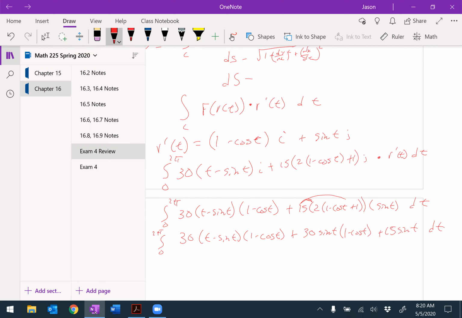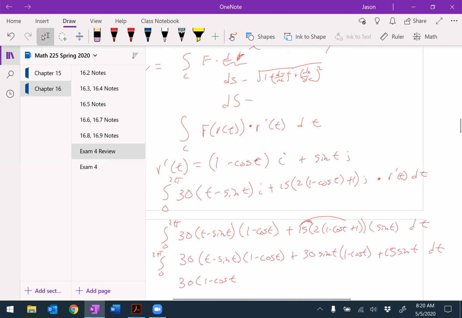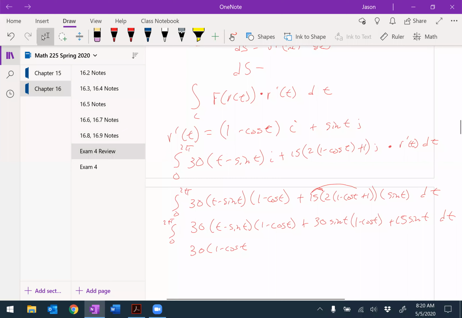Now I'm going to factor out the 1 minus cosine t. So I get 30 times 1 minus cosine t times t minus sine t plus sine t, and then I have this other term out here, plus 15 sine t dt.